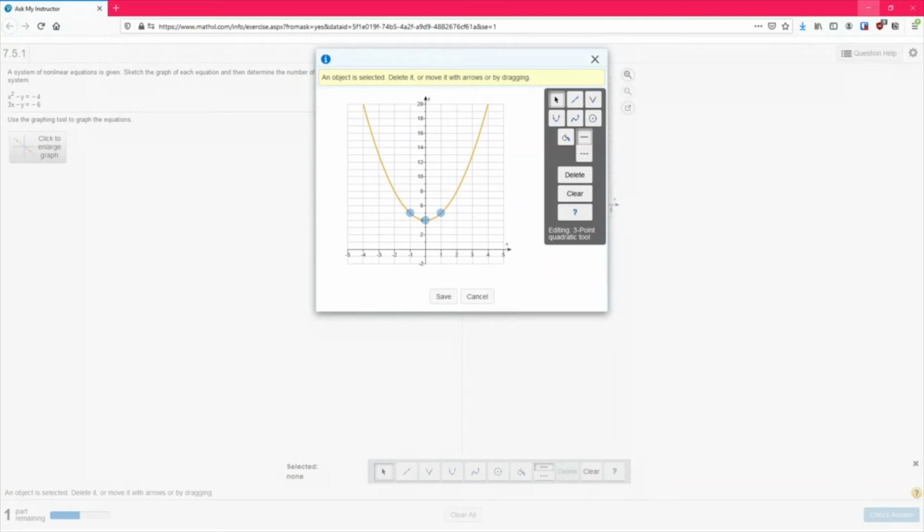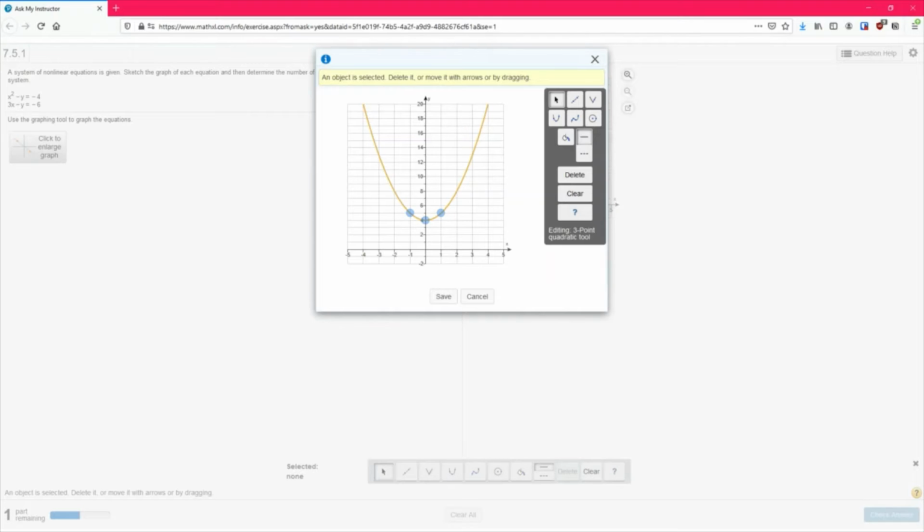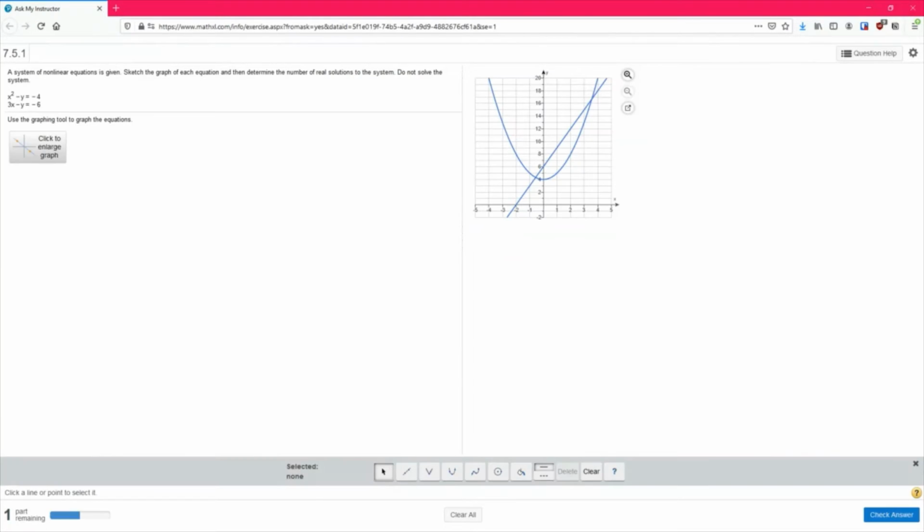Let me remind myself about what those ordered pairs are. (-2, 0) and (0, 6). And we have our 2 equations for the system.